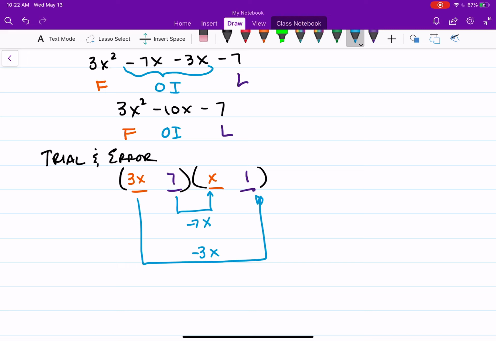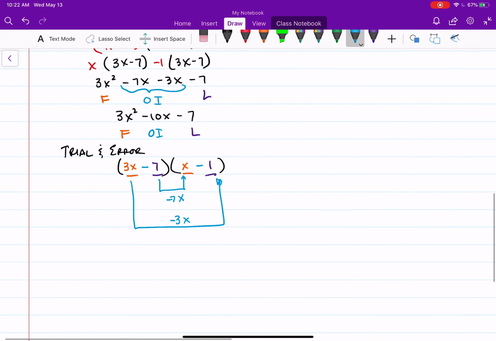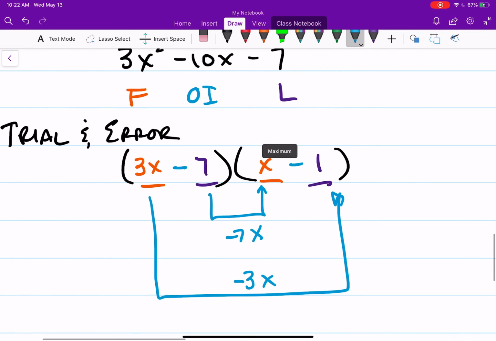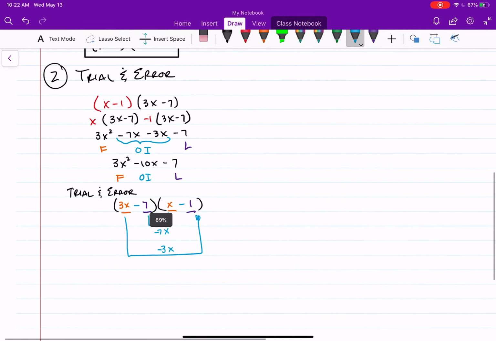So in order for the 7x to be negative, the 7 has to be negative. In order for the 3x to be negative, the 1 has to be negative. So then that would be my answer, which is the same as up here, just different positions. This and this mean the same thing, okay? All right, so that would be trial and error.